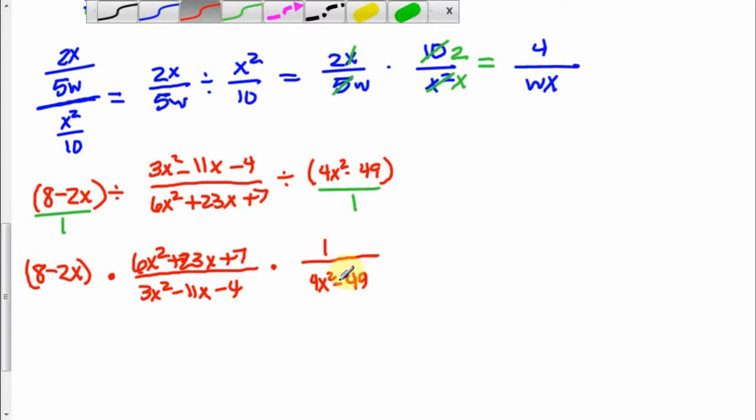Now I dropped the parentheses because it's in the denominator of a fraction now, so it's easy to see that it doesn't need them here. I do need them here because I need to show that it's this whole expression times this, not just the 2x times it.